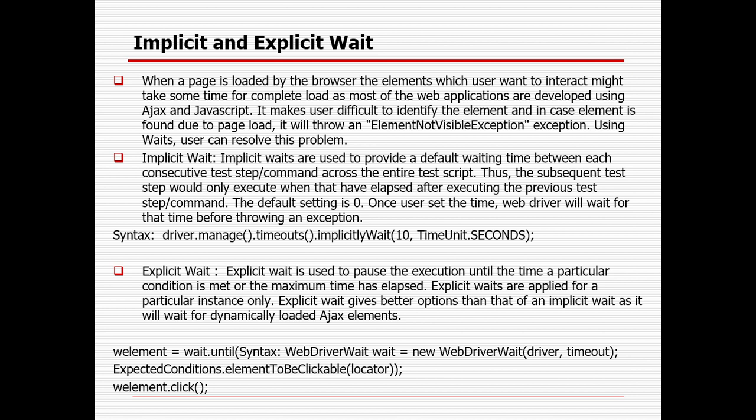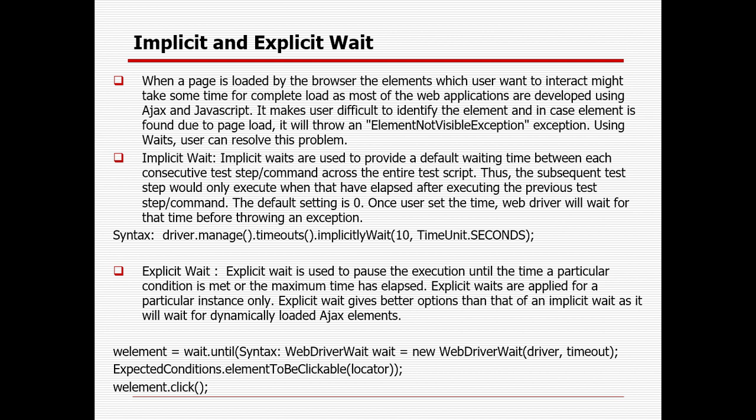So that's how we can handle the timeout or the wait problem. When a page is loaded by the browser, the element which the user wants to interact with might take some time to load completely, as most web applications are developed using Ajax and JavaScript. It makes it difficult to identify the element, and in case the element is searched for before the page loads, it will throw an element not visible exception. There are many reasons for this.